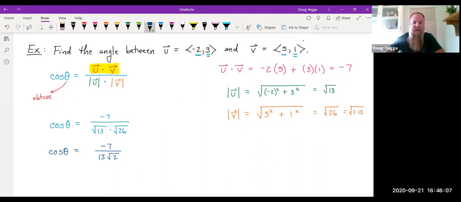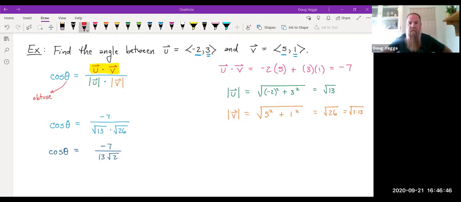But now we have to take the cosine inverse of that function. So let's start that over. Negative 7 divided by the quantity of 13 times the square root of 2.